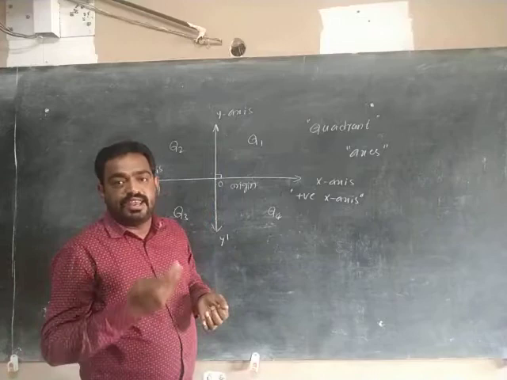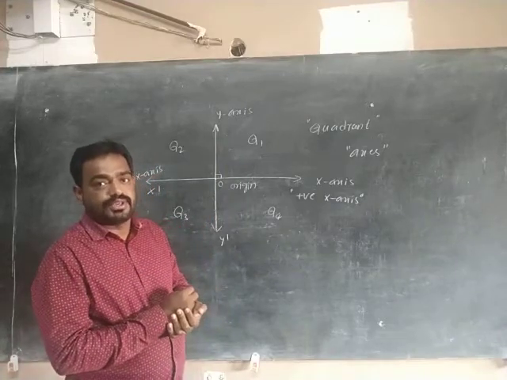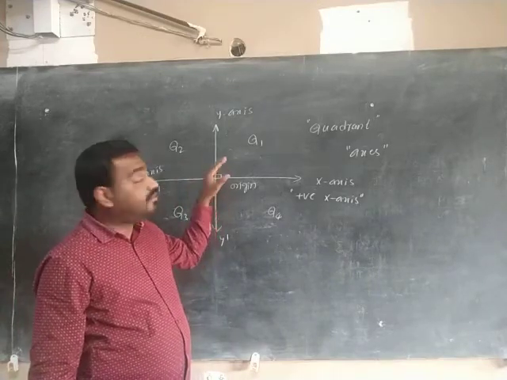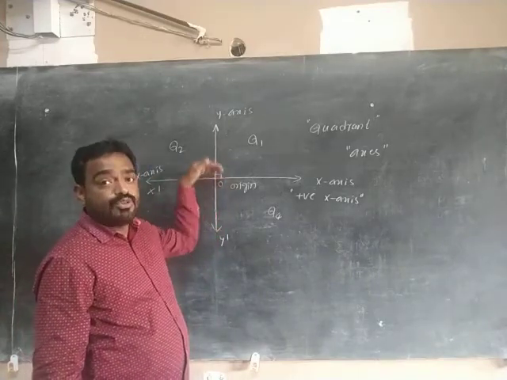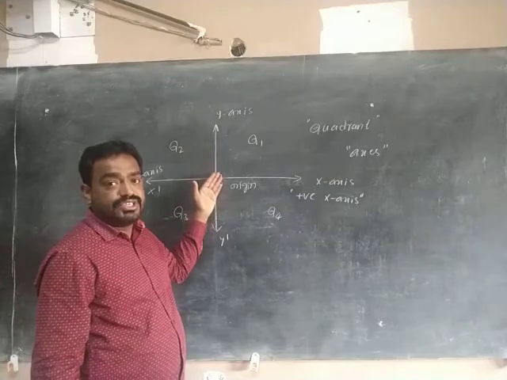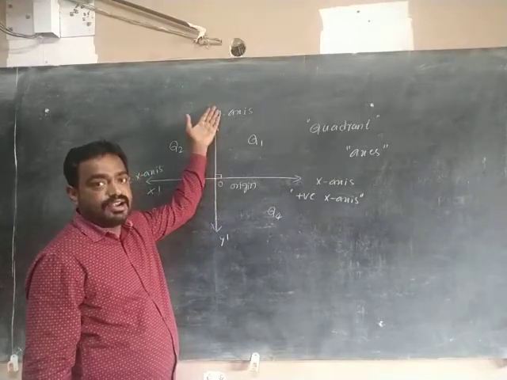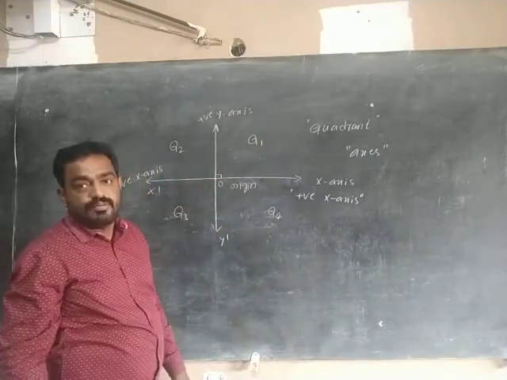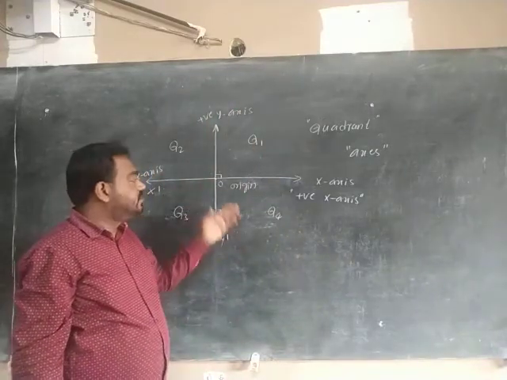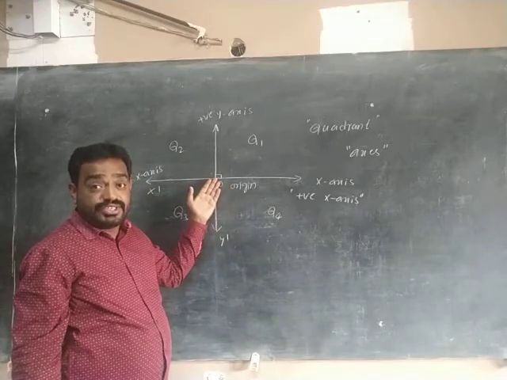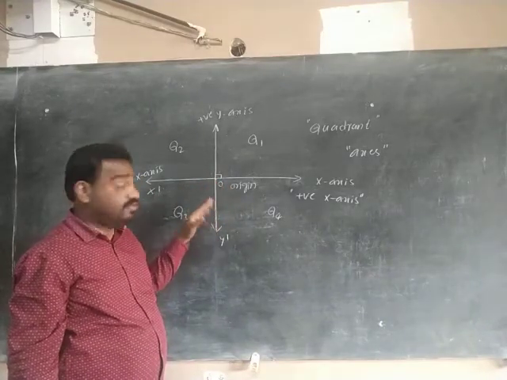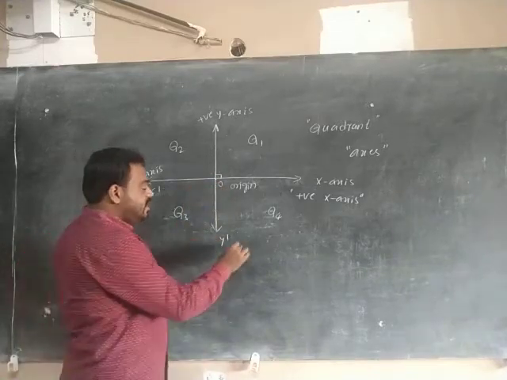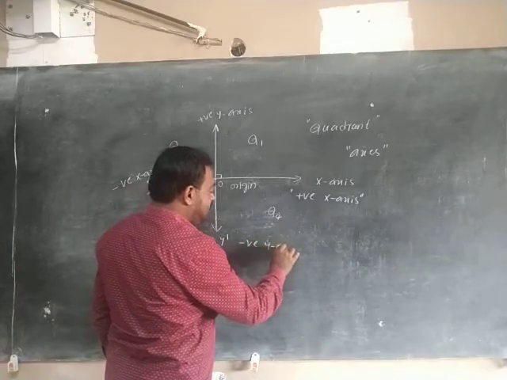Next, the positive y axis and negative y axis. How are we defining these? The y axis which is above the origin is called positive y axis. The y axis which is below the origin is called negative y axis.